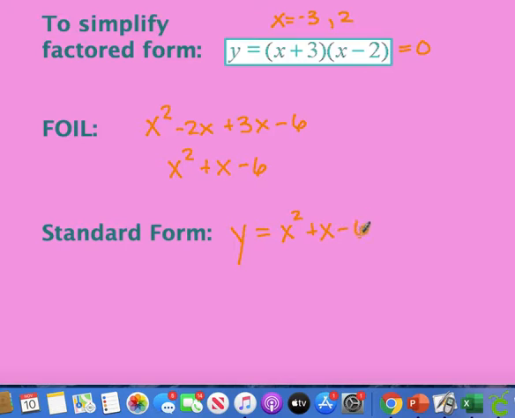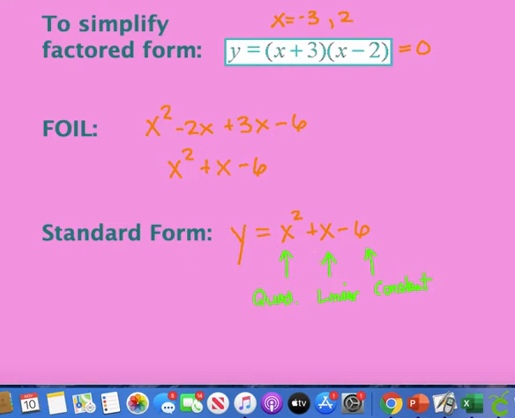Now, when we are in standard form, we can clearly see our quadratic term, we can see our linear term if it exists, and a constant if it exists. Now, all three of those terms should have a coefficient that is an integer, not a fraction or a decimal.